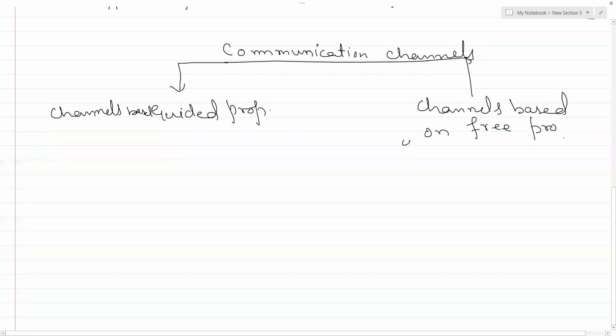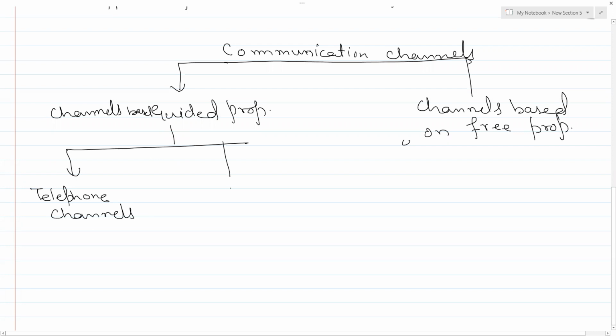Guided channels are further classified into three types. One is telephone channels. Another one is coaxial cable. Then the last and important one in this case is optical fiber communication, the optical fiber cable.